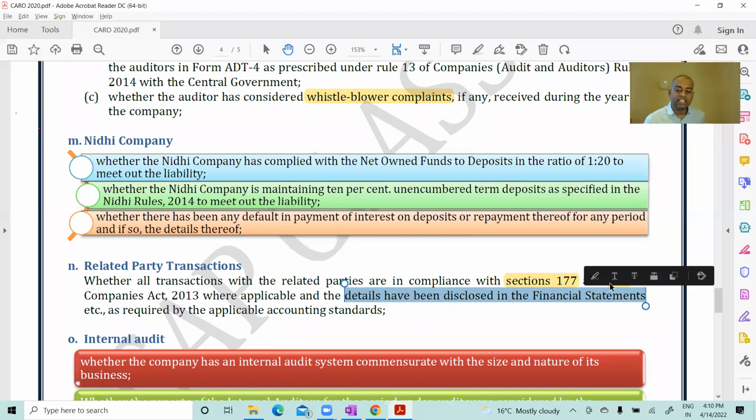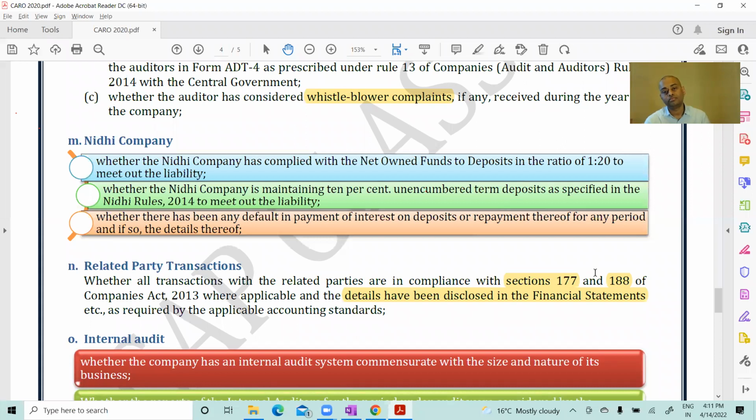Here one accounting standard is there. You are going to tell which standard to me. Hello, which accounting standard? Sir, accounting standard 2384, sir. Correct. AS 18. Whether as per AS 18, you have disclosed this or not. Now, one general knowledge question for you. According to AS 18, how many related party relationships are there?